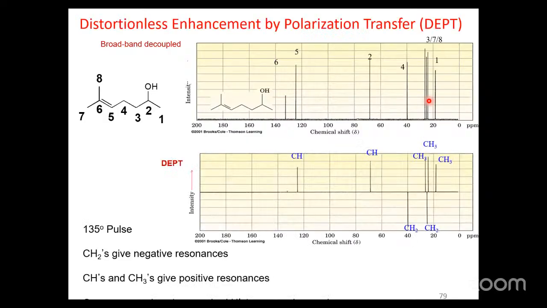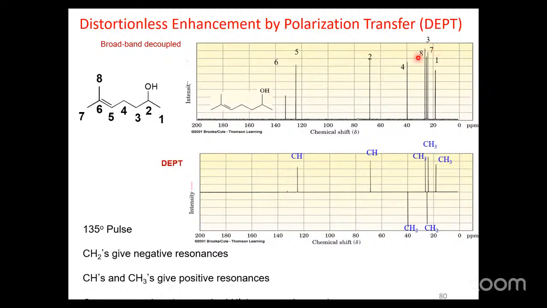So how to assign chemical shift to C3, C7 and C8 carbon? You can do the DEPT. In DEPT, the C3 carbon will give the negative signal, and methyl will give the positive signal. So this is the DEPT for the same compound. Now you can easily assign 7, 3 and 8.